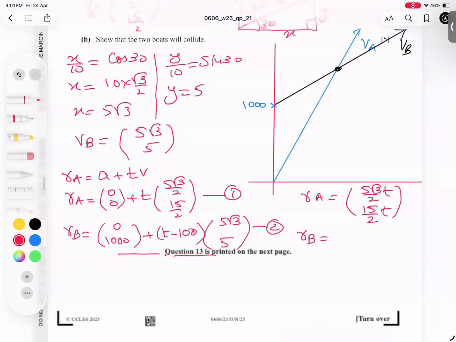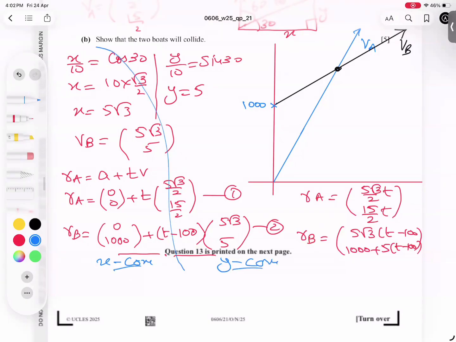Same way I get RB: 0 plus 5 root 3 times T minus 100, and 1,000 plus 5 times T minus 100. So students, I think it is clear. Now this component equals this, and this component equals this. Basic concept: if the X component and Y component give the same time value, it means they will collide, and we have to show that they collide.